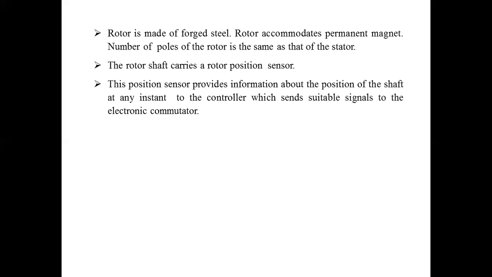This position sensor provides information about the position of the shaft at any instant to the controller, which sends suitable signals to the electronic commutator. That is, if the rotor is rotating at this instant, at what speed it is rotating and at what displacement angle it is, the position sensor always sends that value as feedback to the controller.